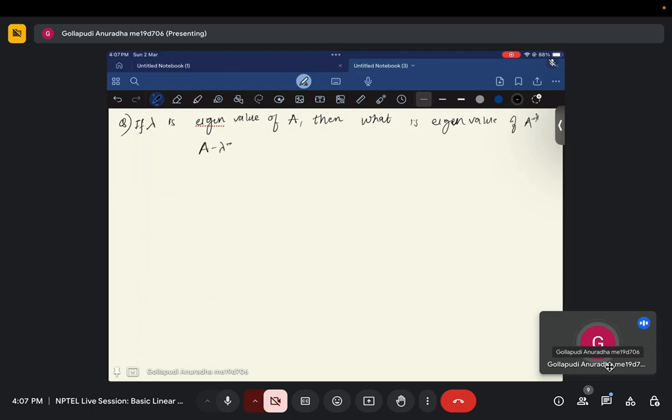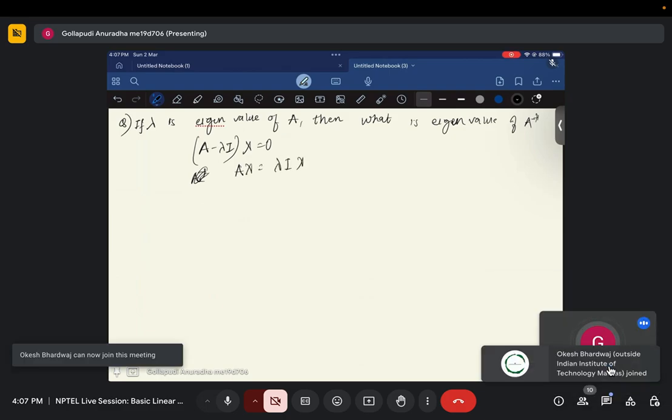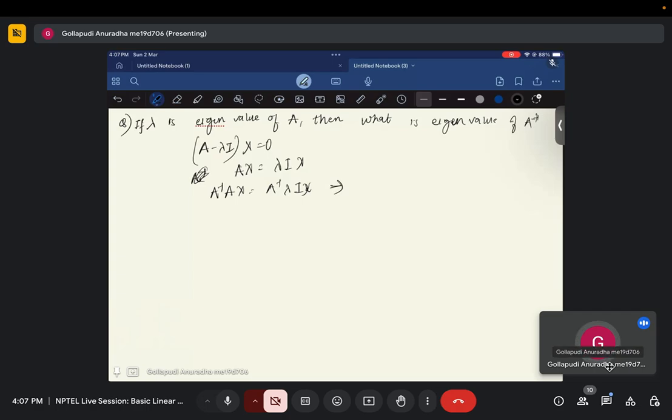A minus lambda I x is equal to 0, and if I'm saying inverse, I can start from the definition. A x is equal to lambda x, and if I'm saying inverse, I multiply on both sides, then A inverse lambda x will be there, which means that x is equal to lambda A inverse x, and so I can write this as A inverse minus 1 by lambda I x is equal to 0, right?